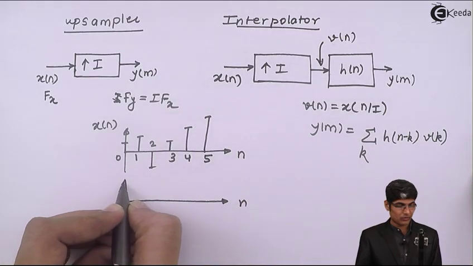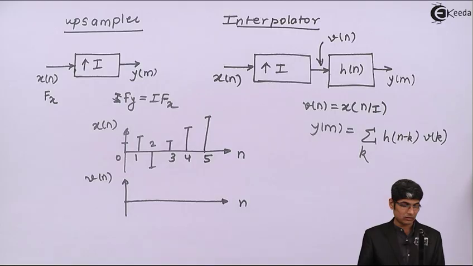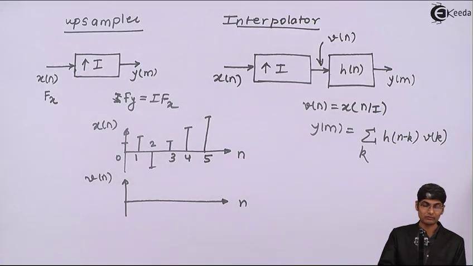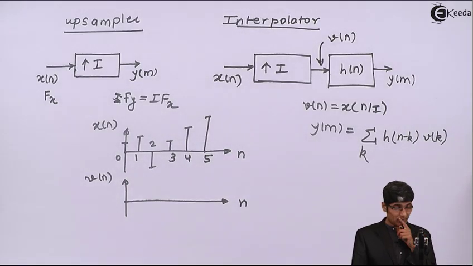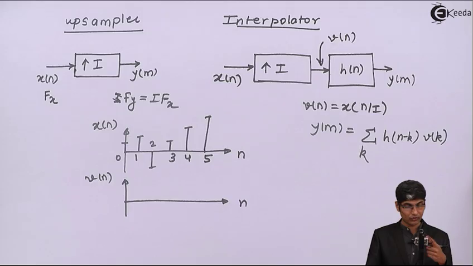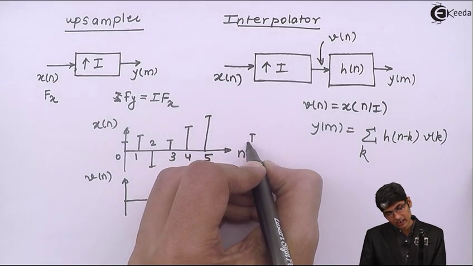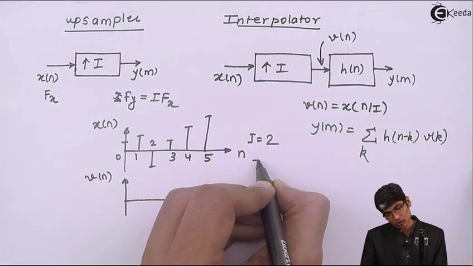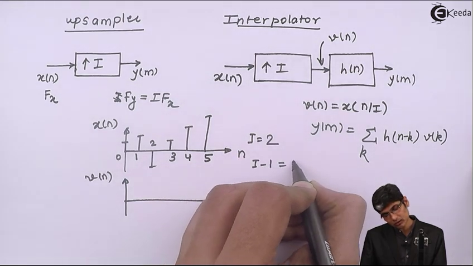I am going to upsample and achieve v of n. Now when I upsample, I will be inserting zeros. How many zeros? L minus 1 zeros. For that I need to consider some L. So let's say I am interpolating by a factor of 2, therefore L minus 1 will be equal to 1.